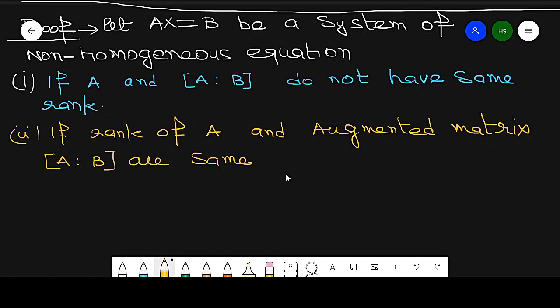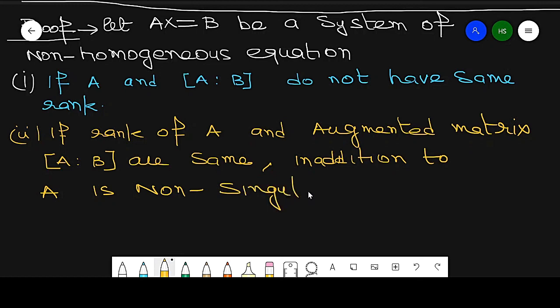In addition to that, if A is non-singular, then it has a unique solution.